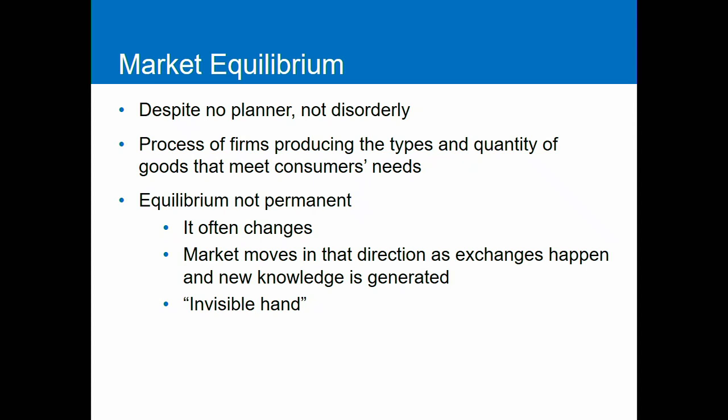Despite the fact that there's no central planner, no individual or group telling people what to buy, how much to make, or what to price it, this is all individuals and firms deciding whether they want to buy or sell at this price, changing their willingness to buy based on changes in prices. Despite all this, it's not as chaotic as you imagine. It's actually pretty orderly.